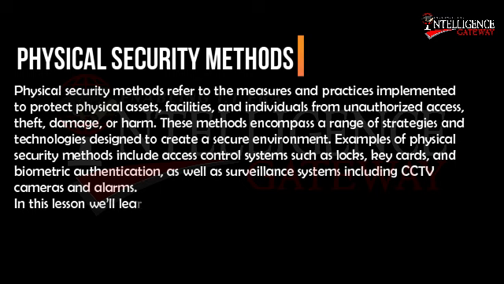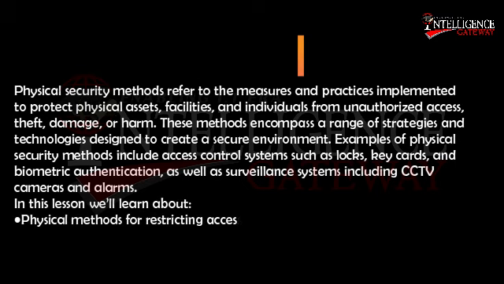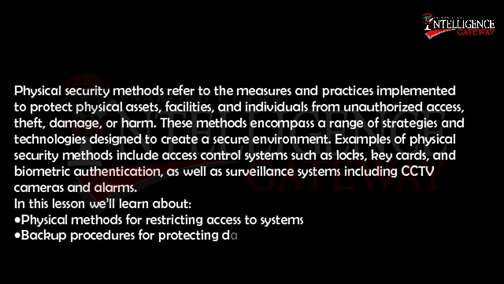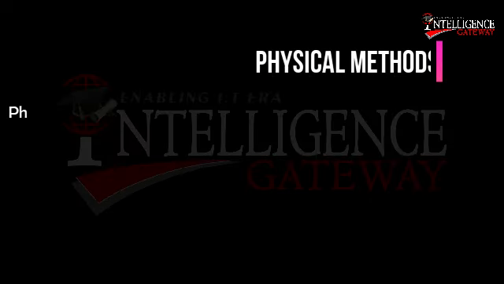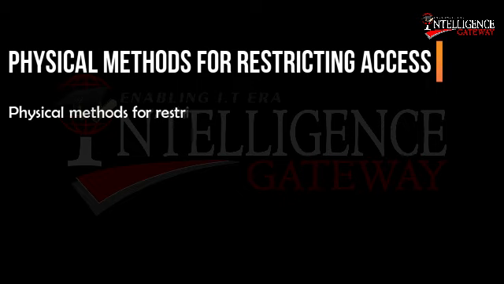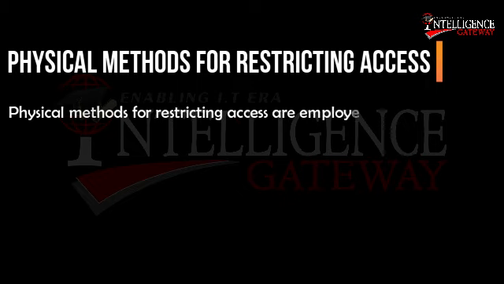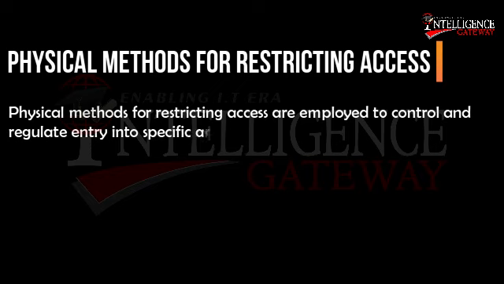In this lesson we'll learn about physical methods for restricting access to systems, and backup procedures for protecting data. Physical methods for restricting access. Physical methods for restricting access are employed to control and regulate entry into specific areas or premises.